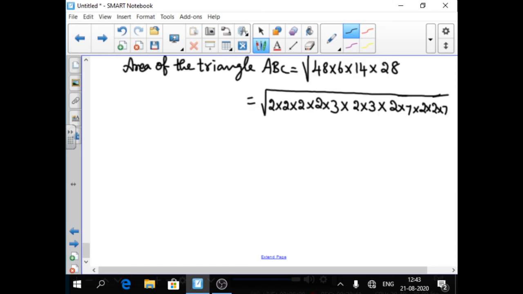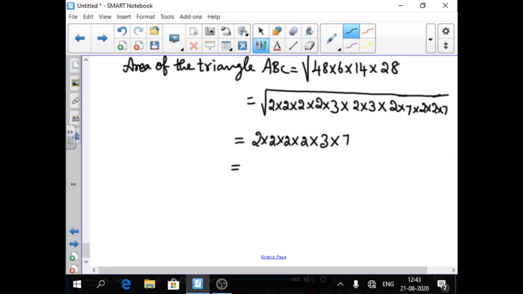So now check how many 2s are there. 4, 5, 6, 7, 8 twos are there. So you can take 4 twos outside. Okay. Then we have a 2 threes, so you can take 1 3 outside. We have a 2 sevens and we can take 1 7 outside.